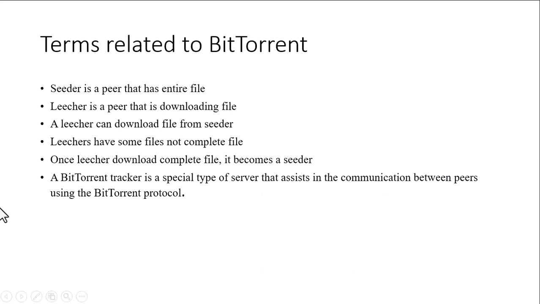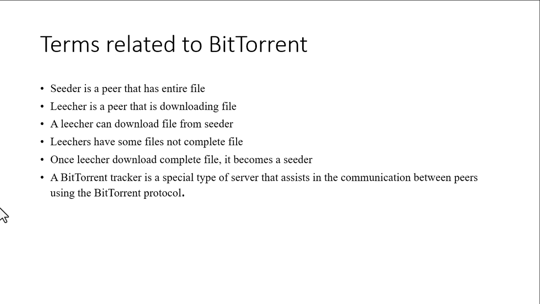A seeder is a peer that has an entire file. So any peer, any node, any user connected to the peer network who has an entire file is a seeder, and a leecher is a peer that is downloading a file. Anyone who is currently downloading a file is a leecher.